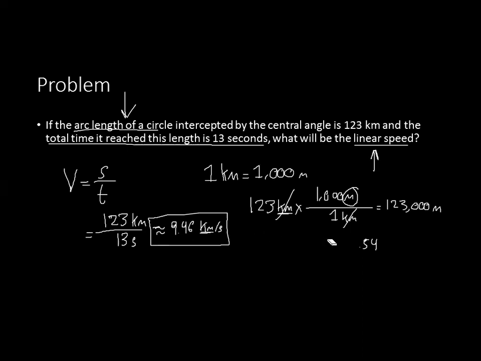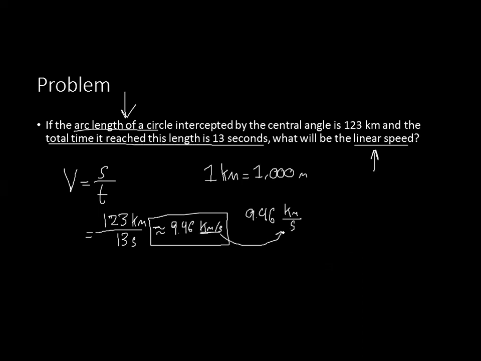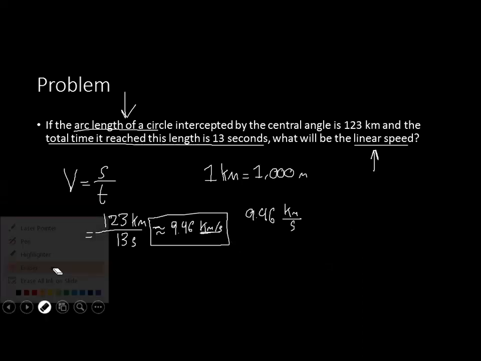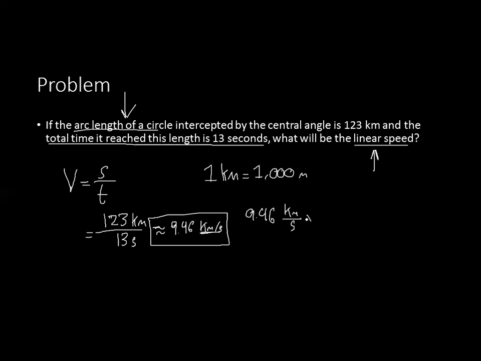All right. And if you wish to convert kilometers into meters by using your final answer, you still can. So the same technique, right? We have 9.46 kilometers per second. All right. This one can be rewritten in this way. Just kilometers divided by second. So here, okay, the same thing. Since we have kilometers above, so we will have 1 kilometer below, then 1,000 meters above instead.